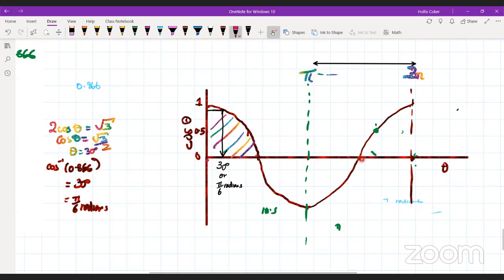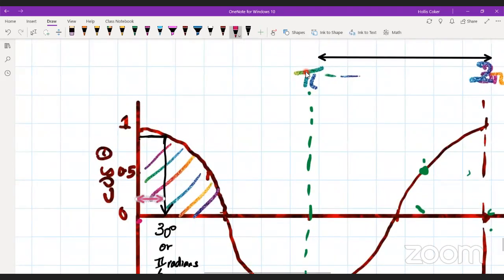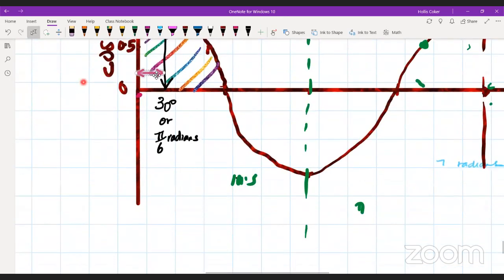That means that's the distance from this line to here. Let me get the arrow. That's this distance here. I just put an arrow there. You see that arrow there? Yes, I see it. That's the distance there.